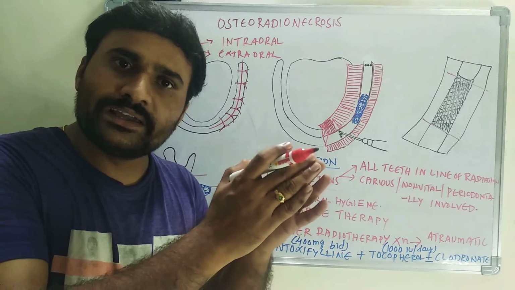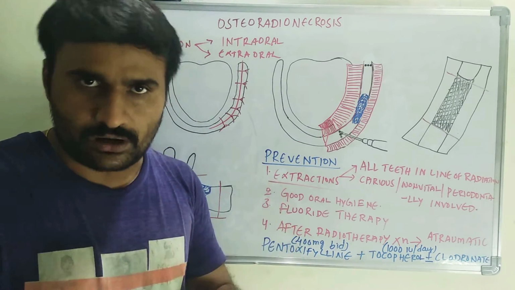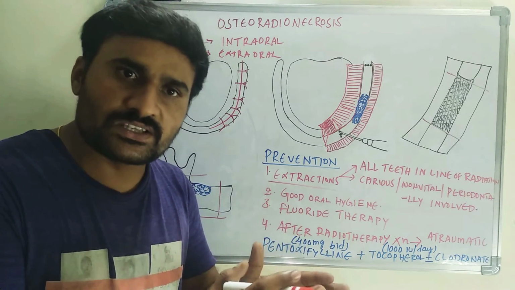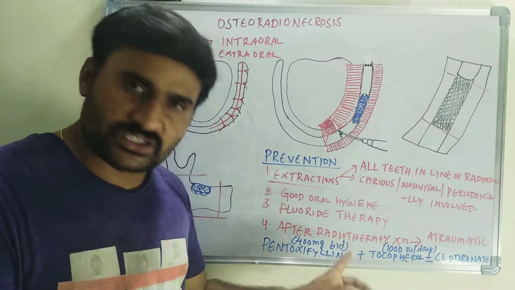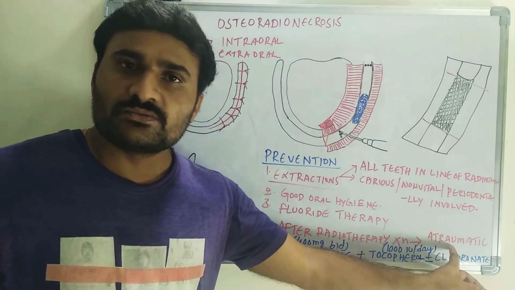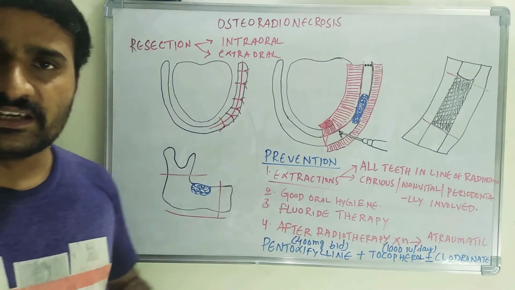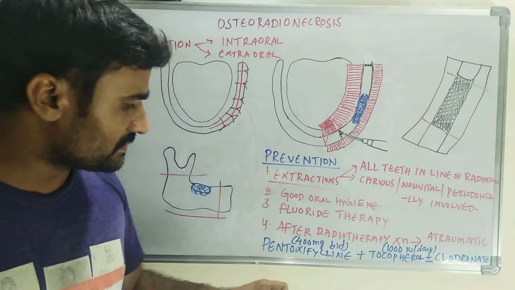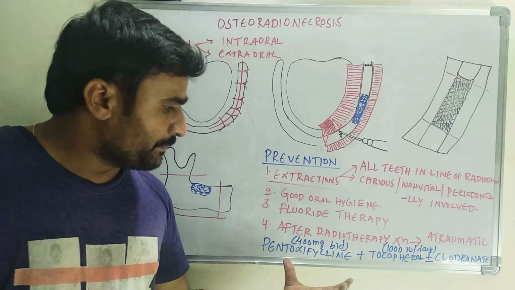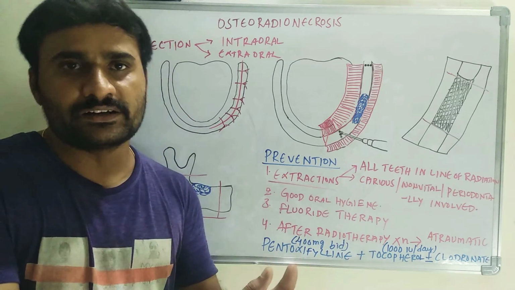You should avoid any dental extractions in a heavily irradiated jaw. But if there is a case where you have to do the extraction, in those cases extractions must be as atraumatic as possible. And the recently developed thing is giving a medical regimen before the extraction in irradiated cases.